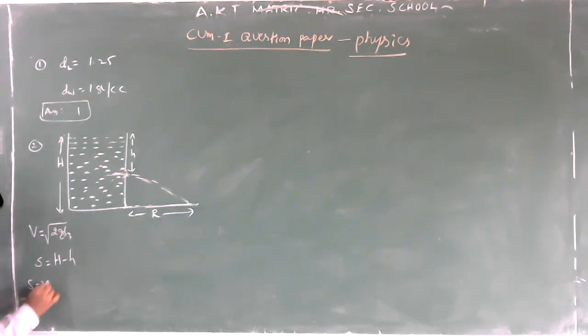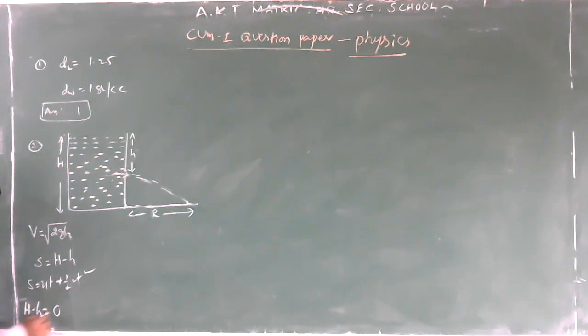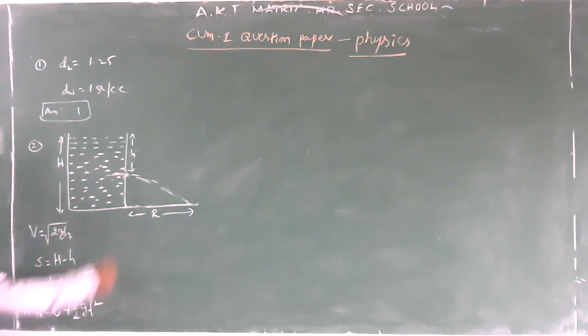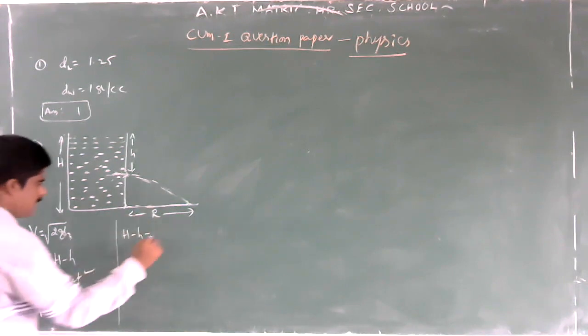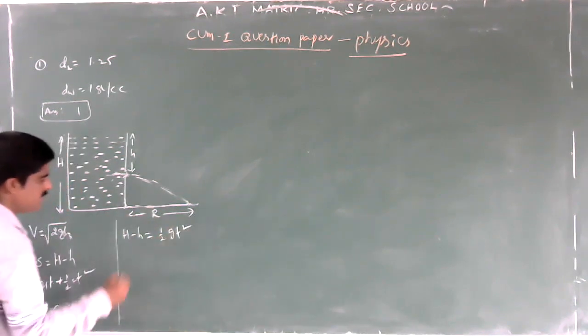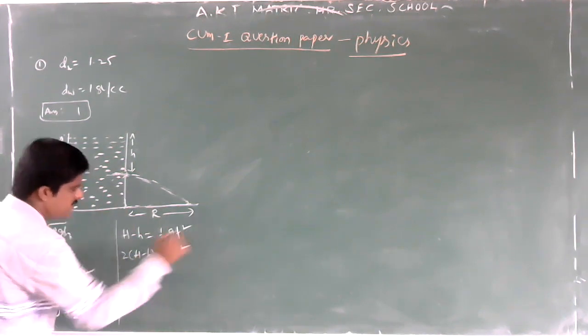Next, from S is equal to ut plus half at square, where S is equal to H minus h. The water behaves like a freely falling body. For a freely falling body, what is the initial velocity? 0, so this term becomes 0. Plus half g t square. So H minus h is equal to half g t square, or 2 into (H minus h) is equal to g t square.